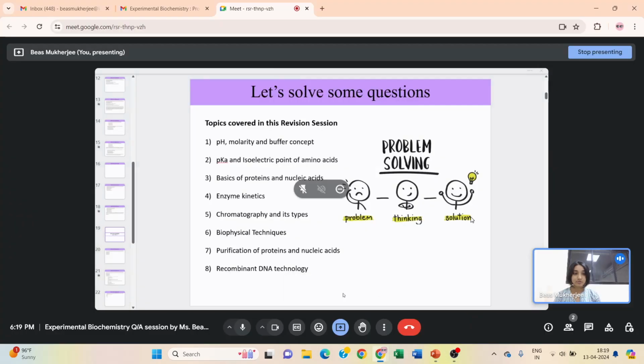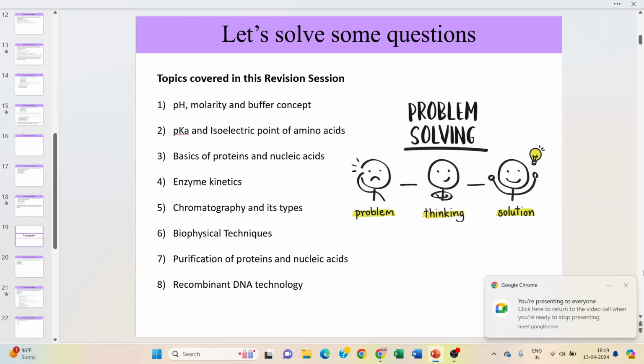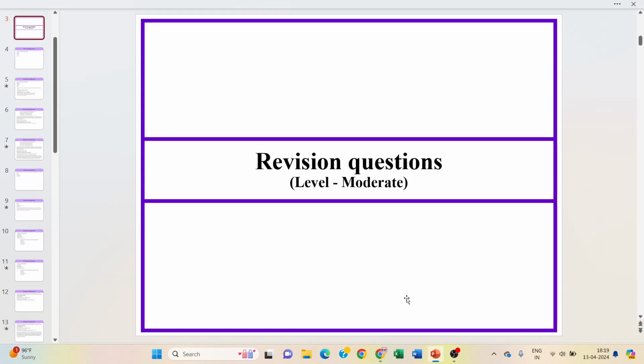These are the most important topics for your exams and also for your competitive exams. So we'll practice these properly. These are the moderate level revision questions.